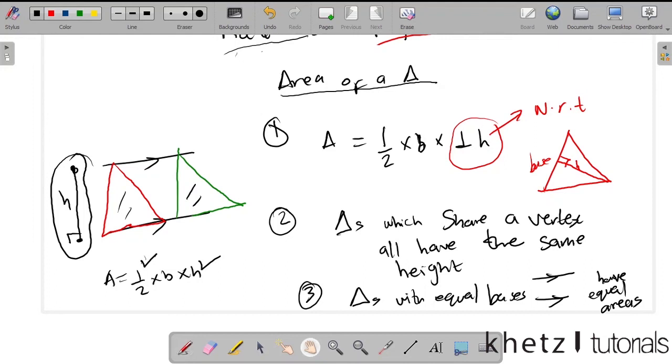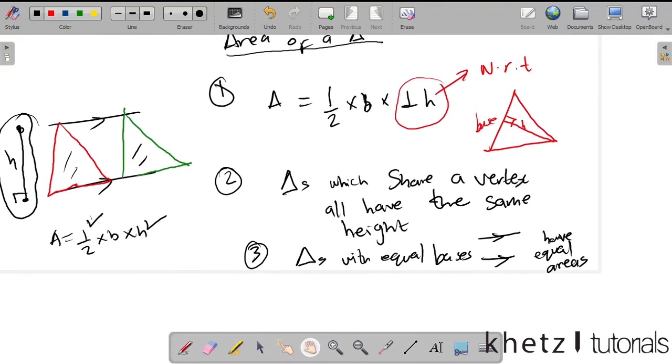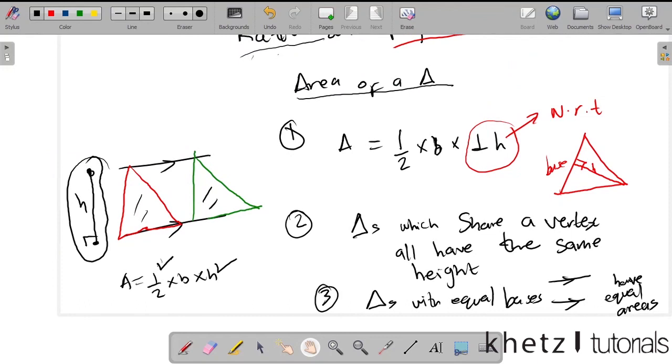Now the third part says triangles with equal bases, so let's say we were given that this base is equal to that base. These two lines just represent that these two are equal. You could use single lines as well, just so you basically know that the bases are equal. So now the bases are equal, and the height is definitely equal because it's a perpendicular height found between two parallel lines.